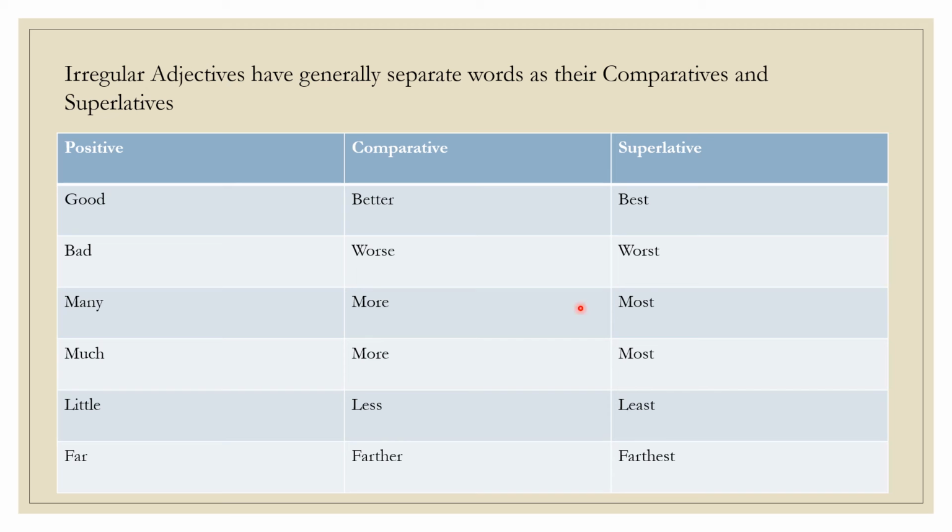Many, more, most. Much, more, most. Little, less, least. Far, farther, farthest. So these are certain examples of irregular adjectives which have separate words to form their comparatives and superlatives.